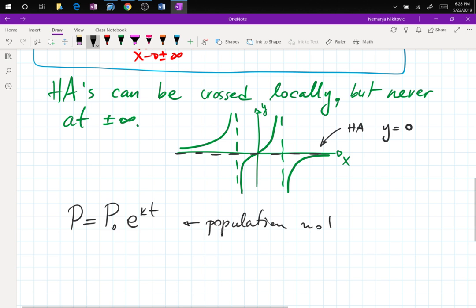This is a terrible population model because it says that if you wait infinite time, you get infinite population. Well, the planet is a finite size, so you can't have infinite population of anything. So it's not a good model. The logistic model is much better.